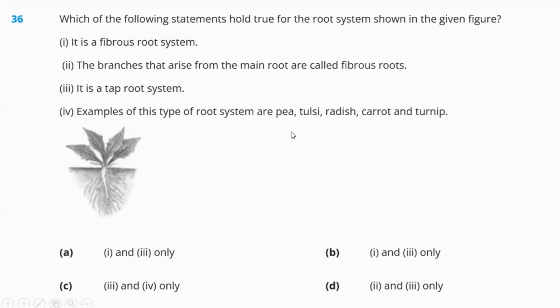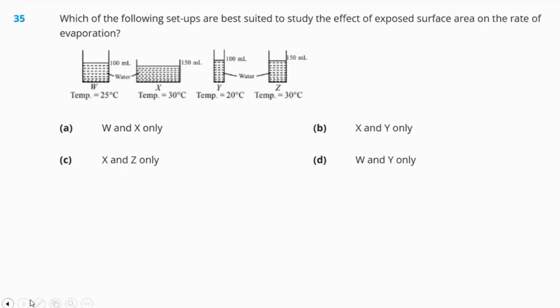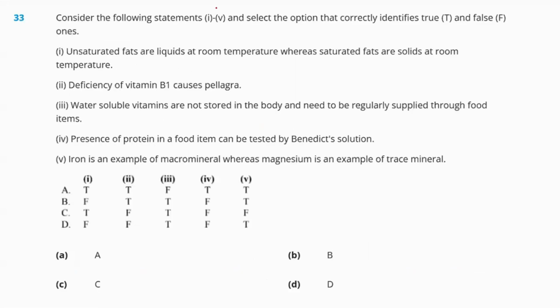Question number 33. Consider the following statements 1 to 5 and select the option that correctly identifies true and false. Right, so first is unsaturated fats are liquids at room temperature, whereas saturated fats are solid at room temperature. True. Deficiency of vitamin B1 causes pellagra.